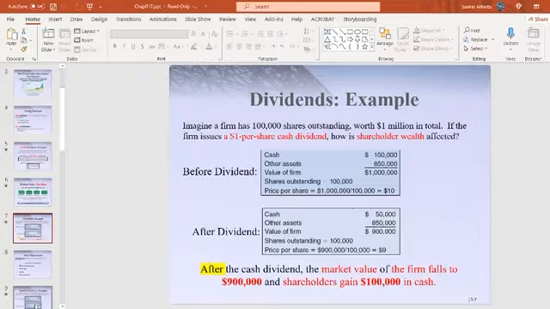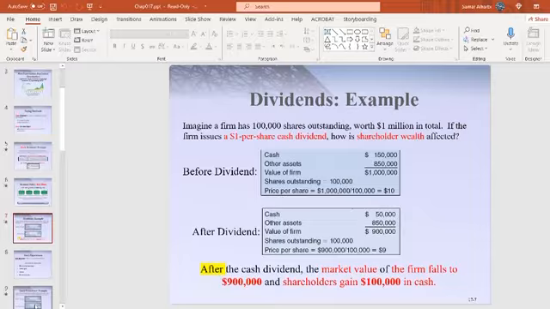We said here we have 100,000. If I want to distribute the value of the company across all shares, you divide them. 1 million divided by 100,000 means the price of each share is $10. This is before dividends, okay?